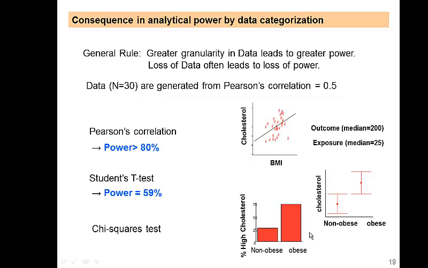And with the last test, the chi-squared test, when you dichotomize both outcome and exposure variable, the power is 12%. So even if your data is telling you there is a true association, the chance you detect the association is only 12% because you conducted the wrong analysis.